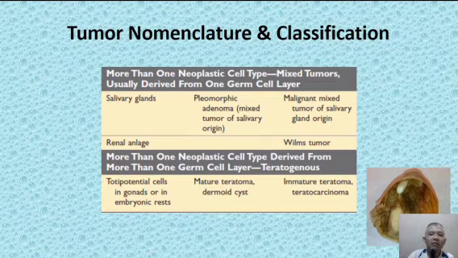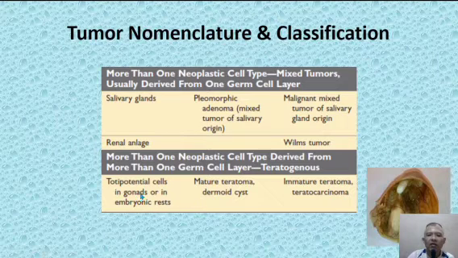We have malignant mixed tumor of salivary gland origin. Okay, when we have tumor that is derived from more than one germ cell layer, you have a teratoma. These are derived from the gonads, from the testis, and or from the ovary.